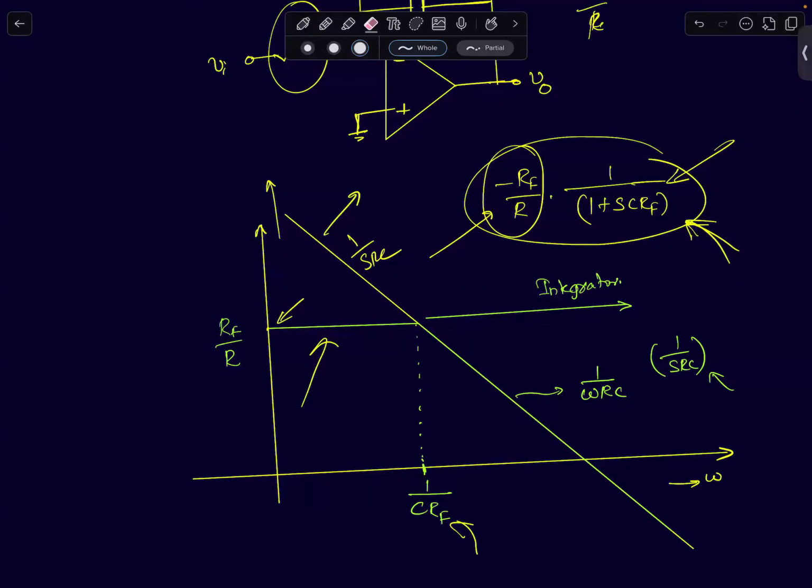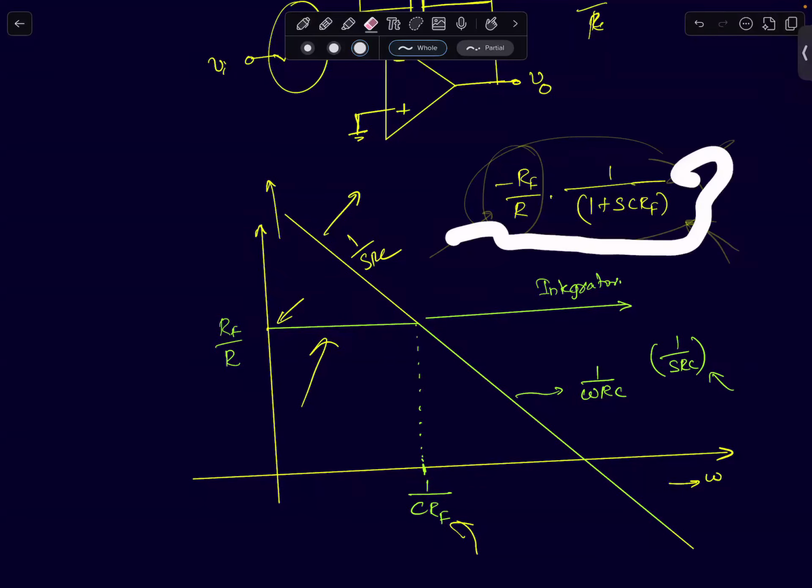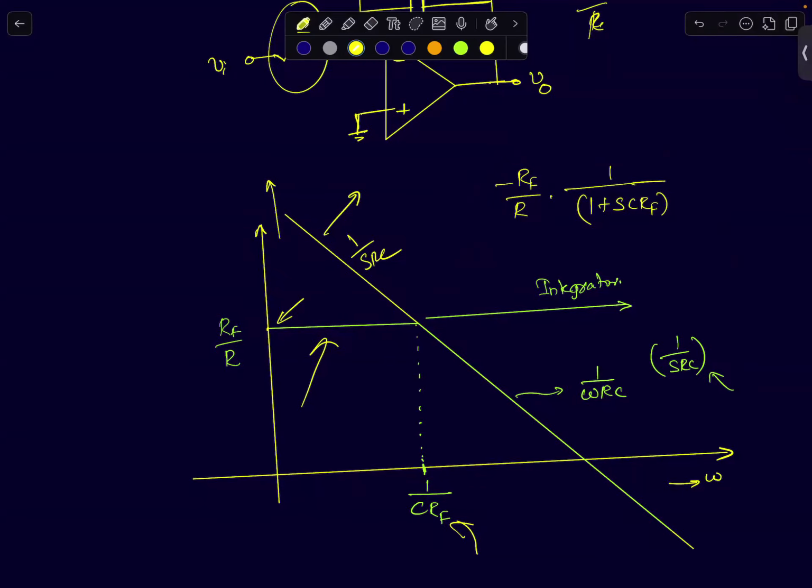See what happens after the pole frequency, whenever you have the term 1 by 1 plus SRFC. After the pole frequency, the RFC factor will become much greater than 1, so I can ignore that. If I ignore that, this term reduces to RF by R times 1 by SRFC. So RF and RF will cancel out and I'll be left with minus 1 by SRC.